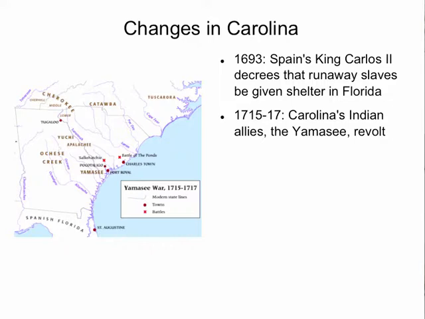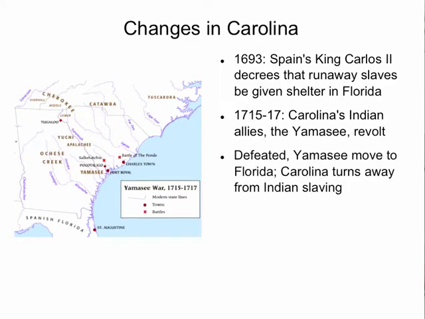They were defeated. And ironically, the Yamasee then ended up moving to Florida, where they were actually welcomed by the Spanish and allowed to live. I say ironically because obviously the Yamasee had been attacking Florida and attacking the Indian settlements in Florida. But even they eventually had to take refuge from the English settlers in the realm of the King of Spain.